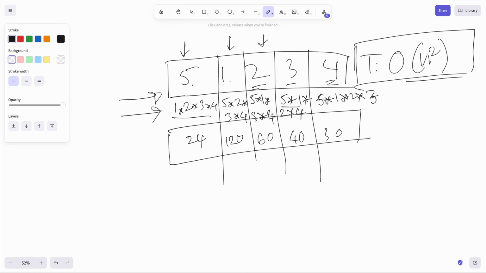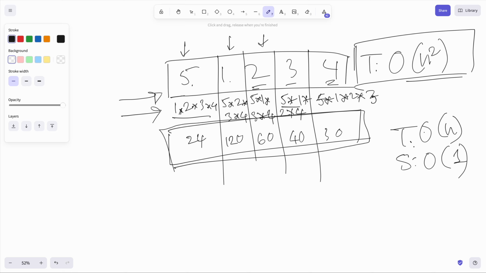But we can do it in a much more clever way that reduces the runtime to order of n, and the space complexity will be order of 1, because we can reuse the return array itself for the computation.